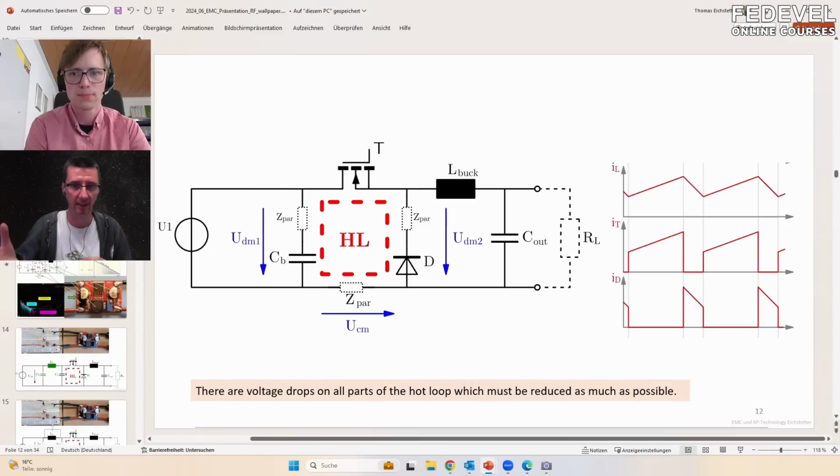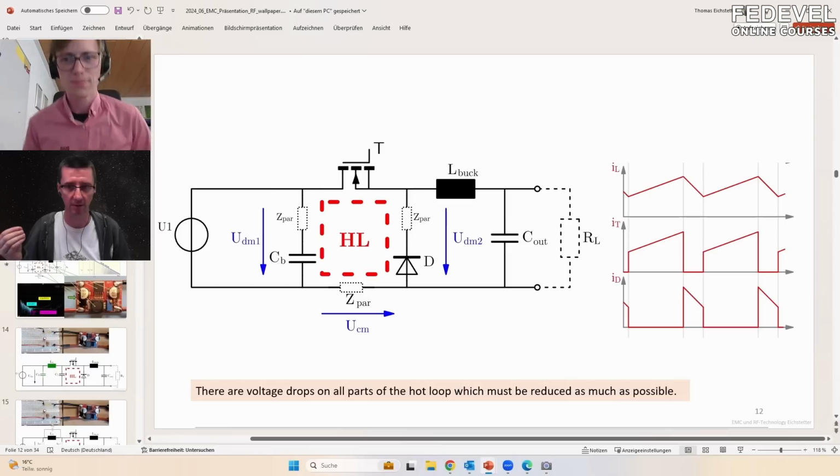The higher the current is, the more voltage we will lose, and also the faster it changes. That's also important. Yes. Okay, we will lose the voltage. This could be a problem, we go out of the working range of the power supply or something. But why is this a problem for EMC?